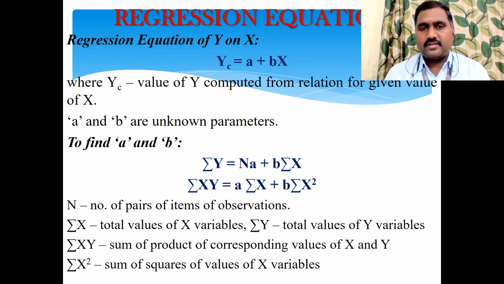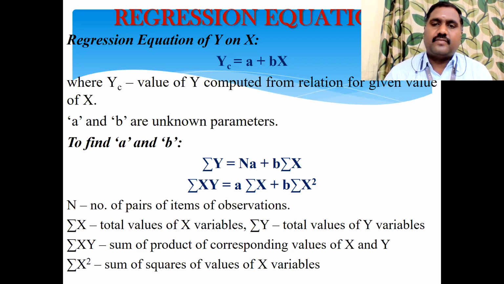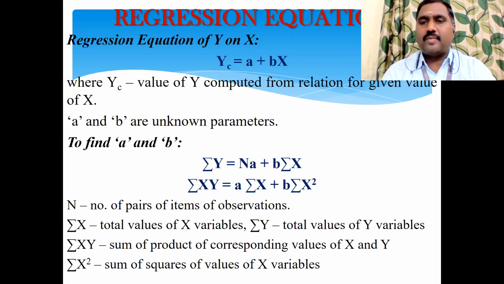Please take down this equation. You have to find two equations, y on x and x on y. This is a formula similar to the trend line we worked out in the fourth unit. But in the fourth unit, we worked out only y on x, that is y equals a plus bx. We did not work on x on y. The same procedure you have to follow here. Once you have copied the formula, please tell me.